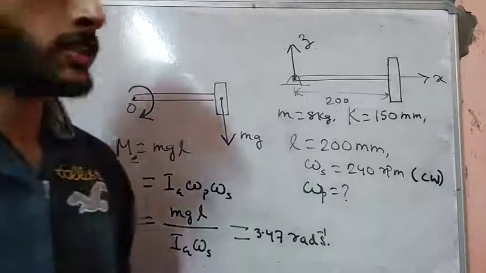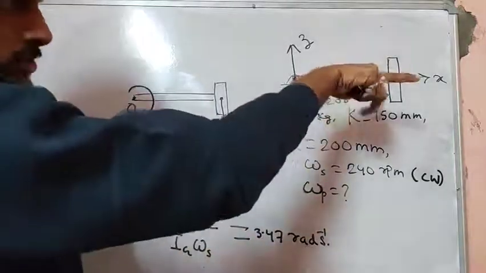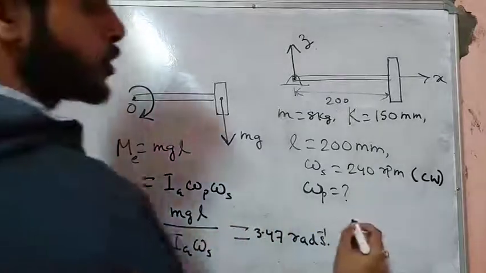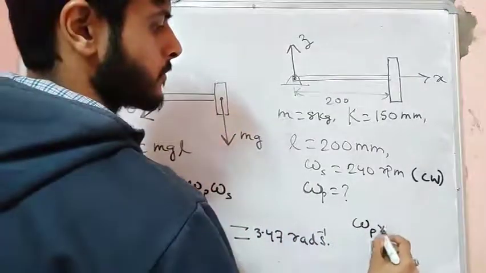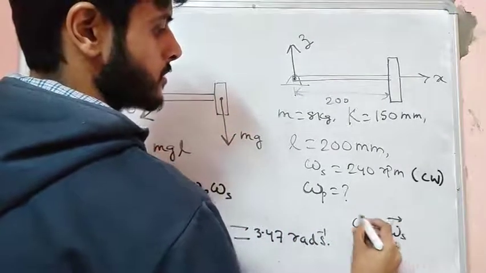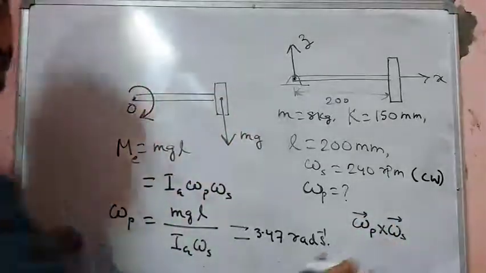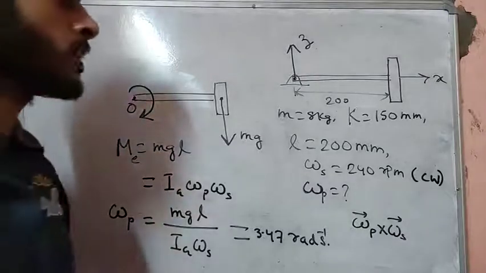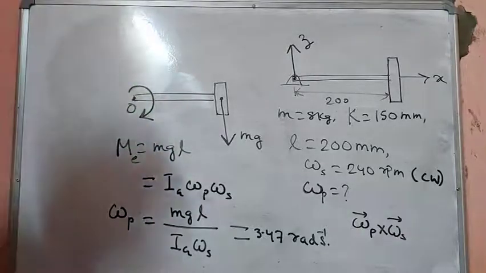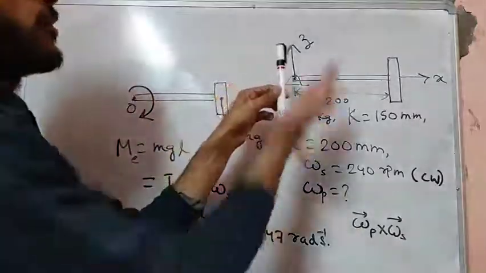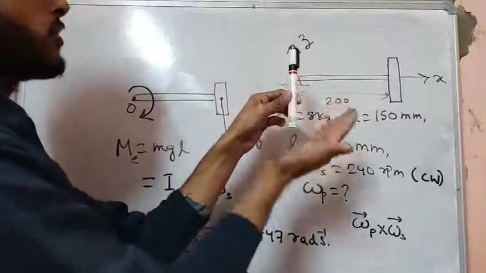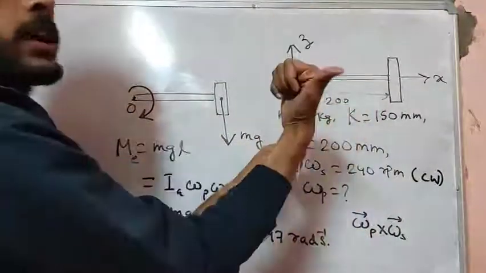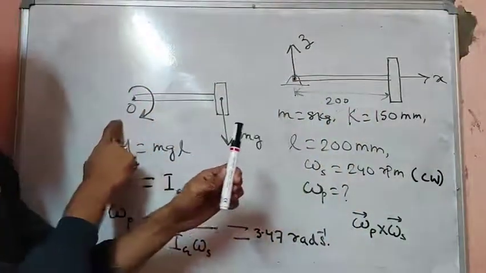Now in which direction should the disc precess? We can find this from the cross product omega p cross omega s, which should have a direction consistent with the externally applied moment. If we take omega p as vertically upward, then omega p cross omega s does not match this direction, so this is incorrect.